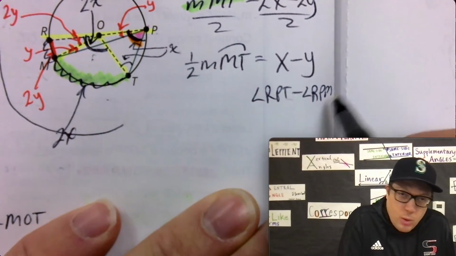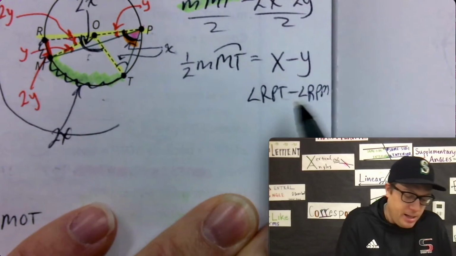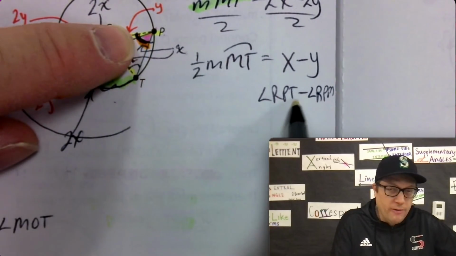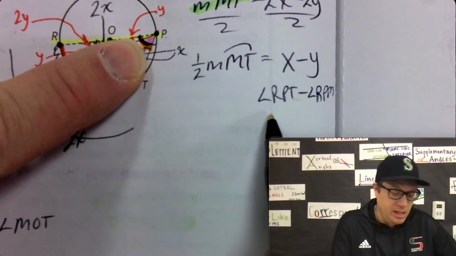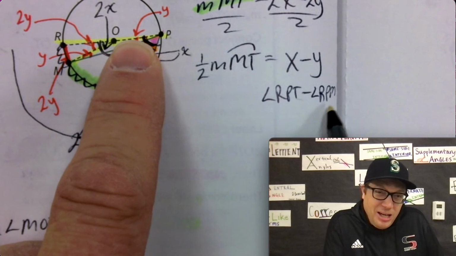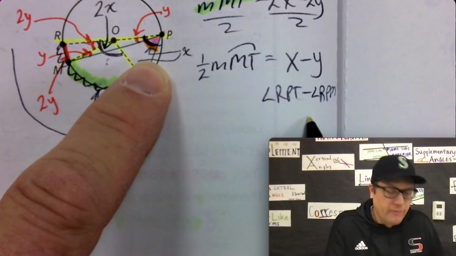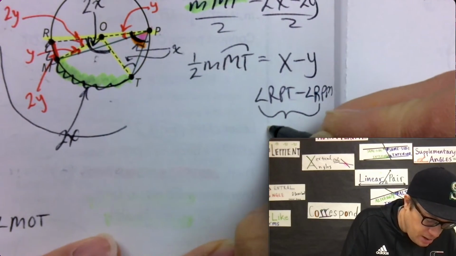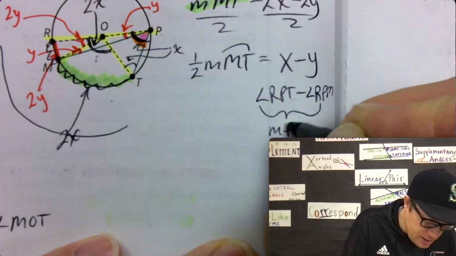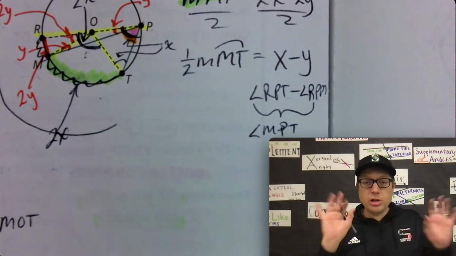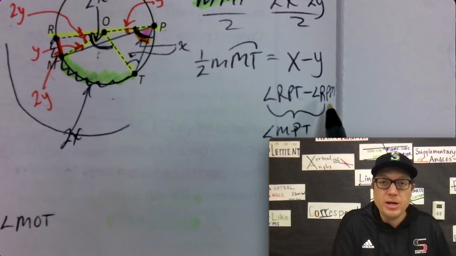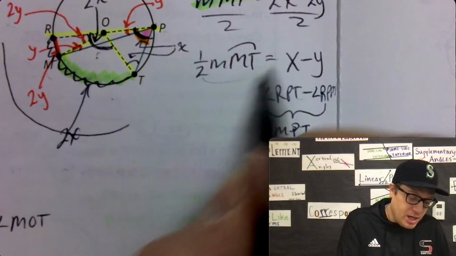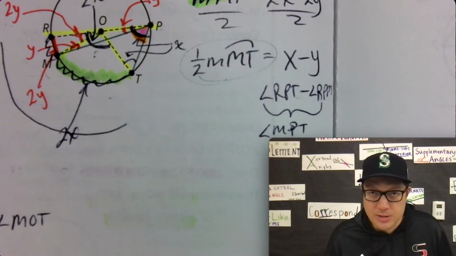This is going to equal MPT, because if you have all of the angle, that's RPT, and then you take away the little bit of the angle, RPM, whatever you have left, which in this case is MPT, all of this becomes MPT. The leftovers is what you got from angle subtraction, and it's going to equal half of the intercepted arc.